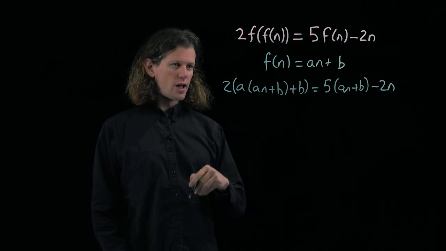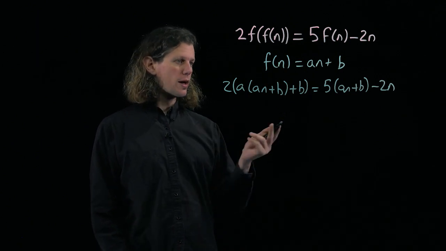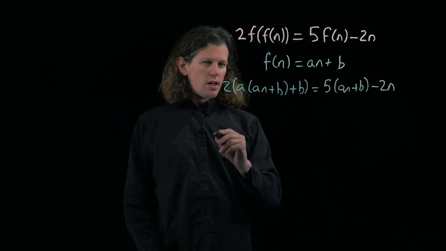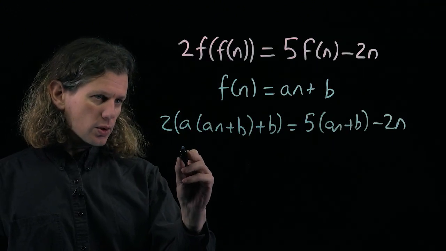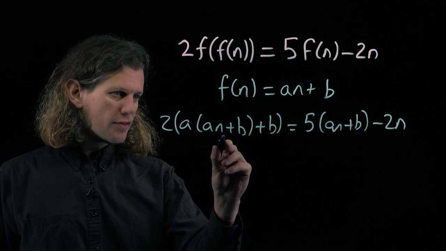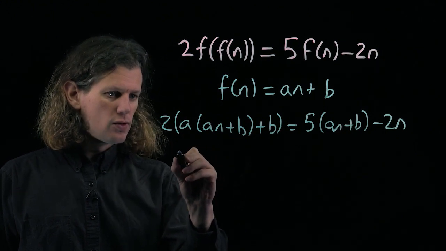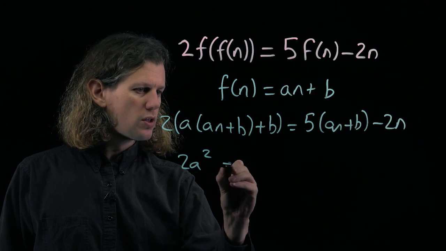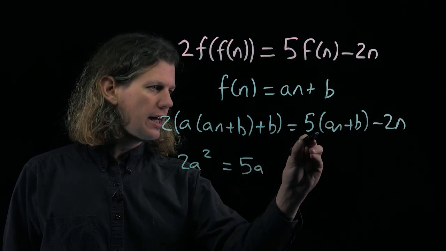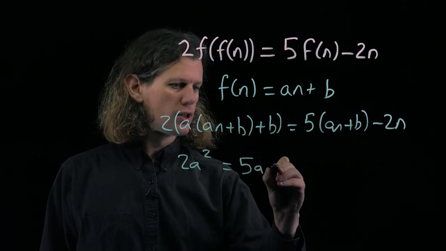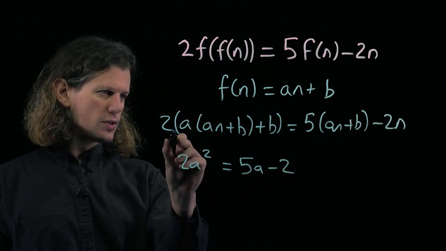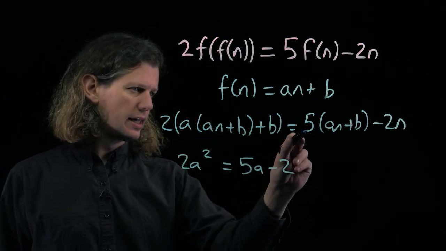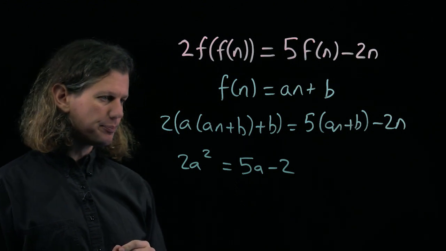We've got an equation for the coefficient of n, and an equation for the constant terms. For the coefficients of n, we've got 2a squared here, 5a here, and minus 2 there.